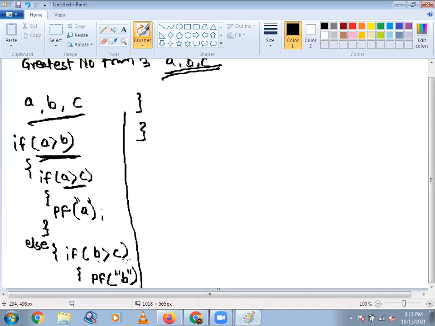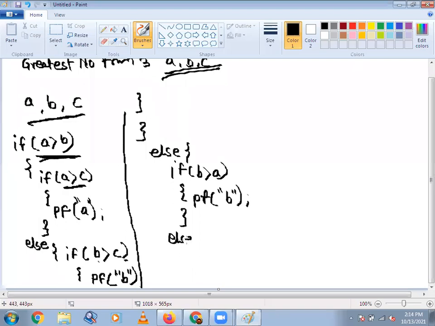I will check if B is greater than C. No. Then else I will check if B is greater than A, then I will write printf B, else I will write printf C. Okay, this is one method.